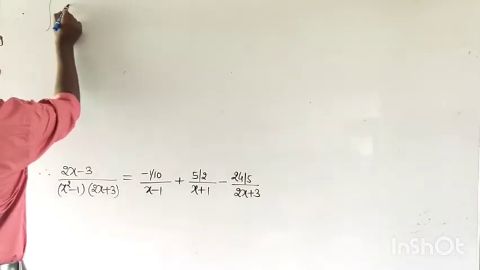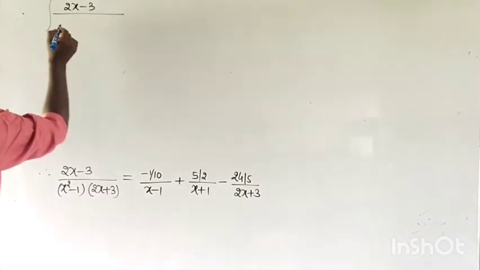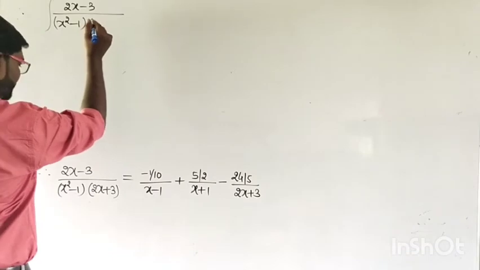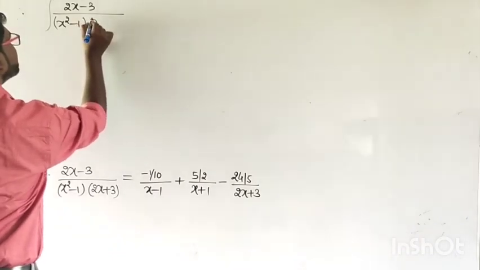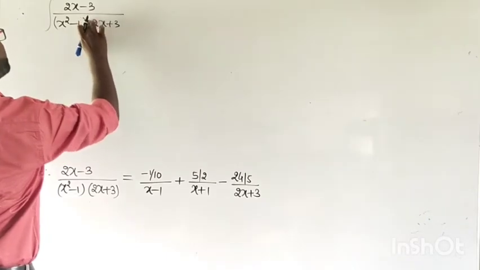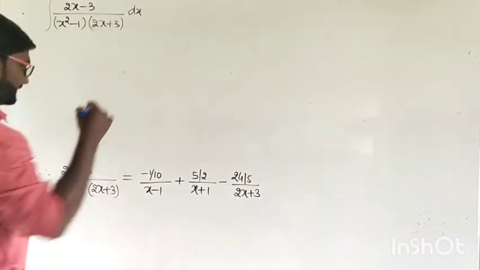Integral of (2x minus 3) divided by (x square minus 1) into (2x plus 3) dx.